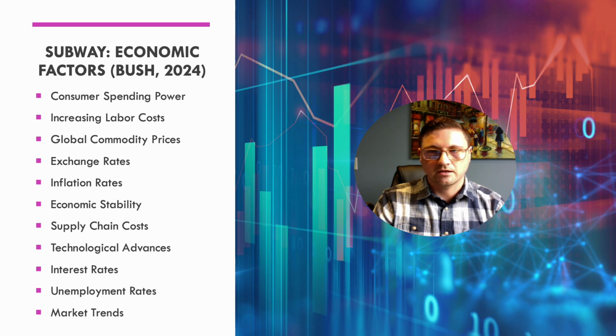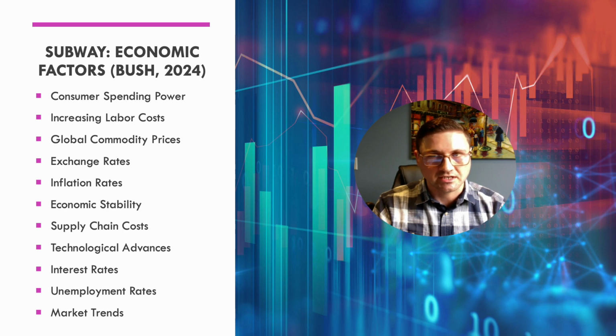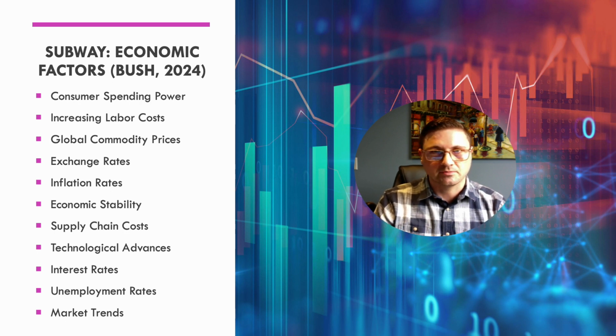Now we can go ahead and take a look at the economic factors. So you have to take into account consumer spending power, basically disposable income as the economy and the market fluctuates, as we all are feeling those effects right now because our economy is still in a very strange place due to the COVID-19 pandemic, and I believe which has now translated into just generalized corporate greed.